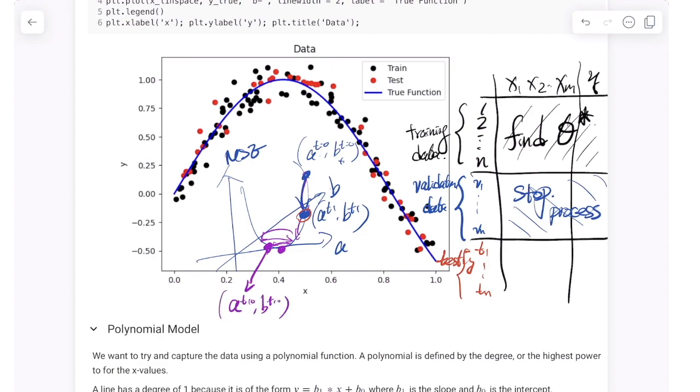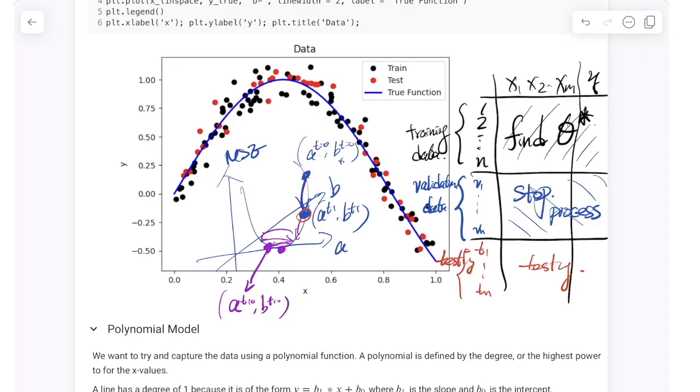You decide to stop right here, and then you use the red data set, the testing data set, to test your current model. So that is for testing. The accuracy or the MSE value here is the testing accuracy or testing MSE.